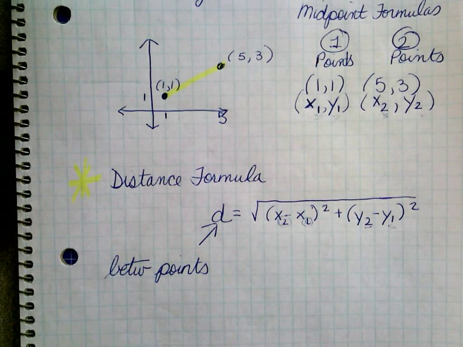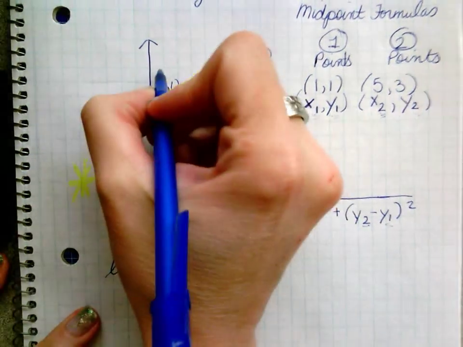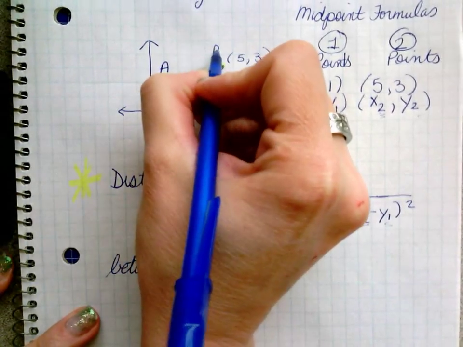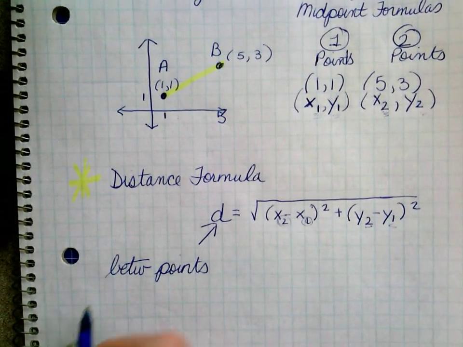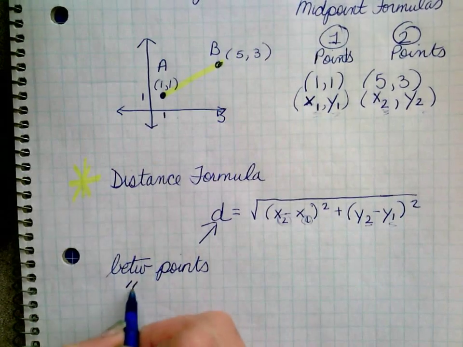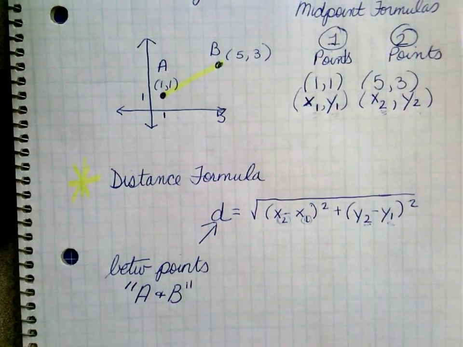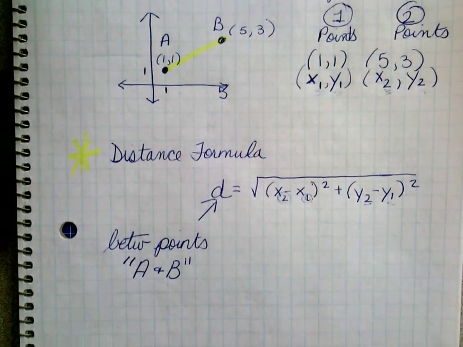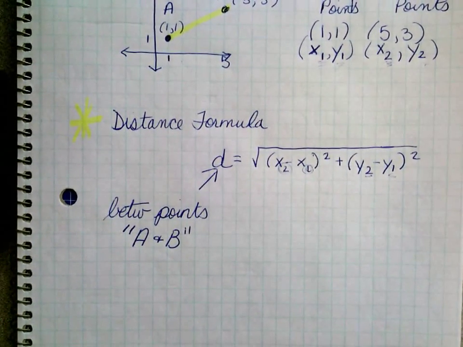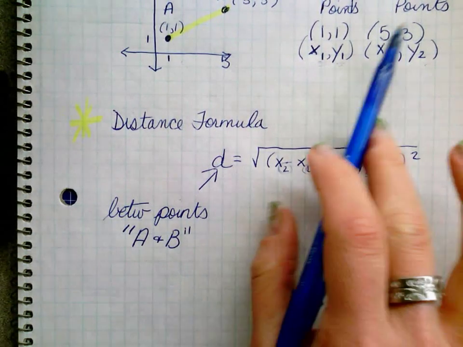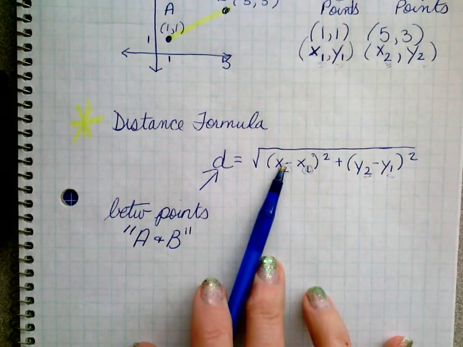All right? So knowing this little piece of information, again, this is not in your book, but we are going to find the distance between my points A and B. So, in order to do that, I am going to plug in my x sub 2 point here.